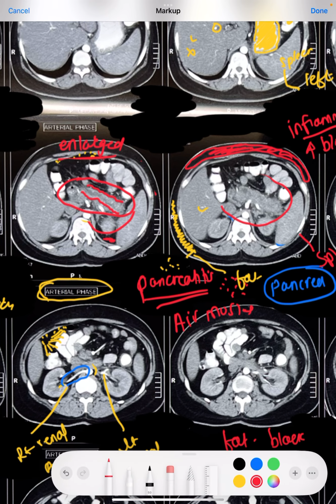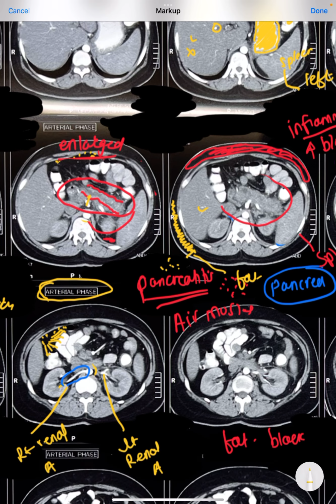If I create an arrow, you can see this. I'm pointing out one narrow tubular structure. This is the main pancreatic duct which is dilated. So there is dilatation of the main pancreatic duct.